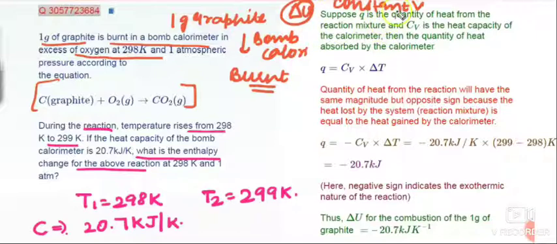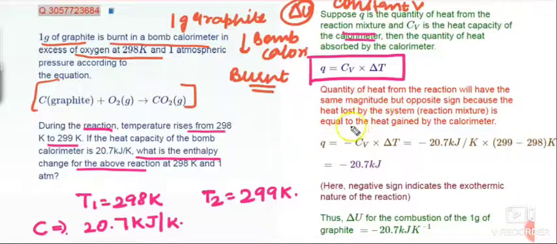Suppose Q is the quantity of heat from the reaction mixture and Cv is the heat capacity of the calorimeter. The formula is Q is equal to Cv into delta T, so the quantity of heat from the reaction has the same magnitude but opposite sign.